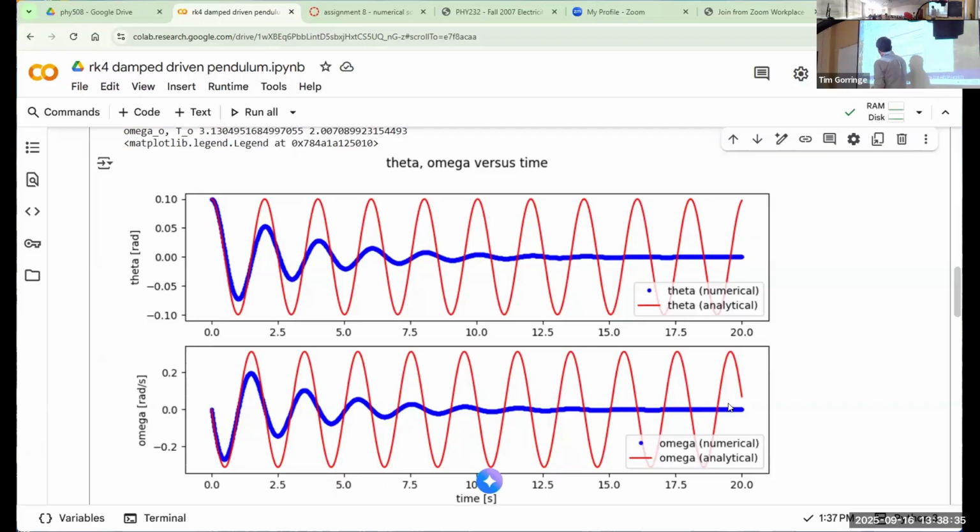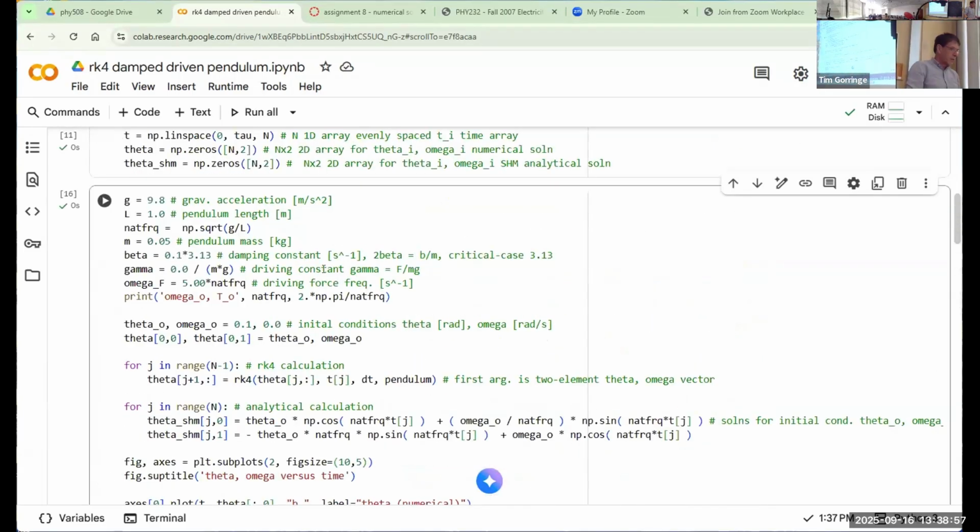The damping constant is causing this damping here, and the time scale for the damping is kind of the inverse of the damping constant, so it's about 10 seconds. So that's underdamping.